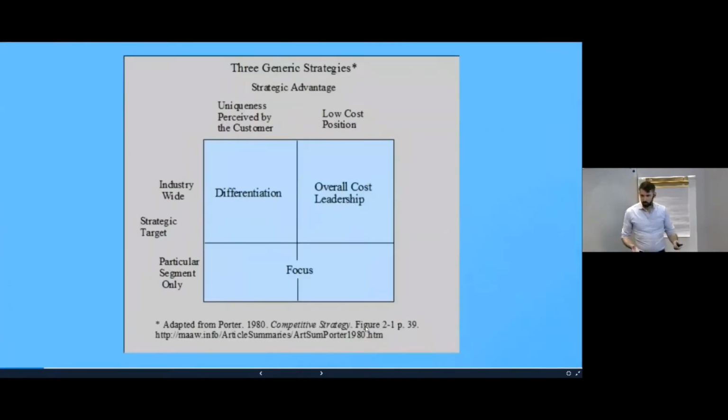Then Michael Porter, a very classic Harvard business strategist, took this thought a bit further, and he said that you can create these kinds of temporary monopolies in different domains. You can be the cheapest brand, and then you have something called cost leadership.